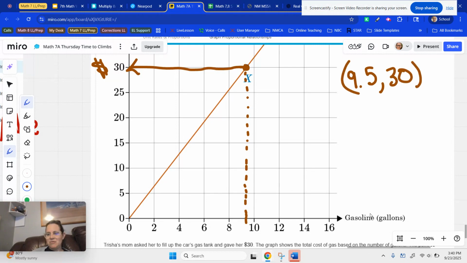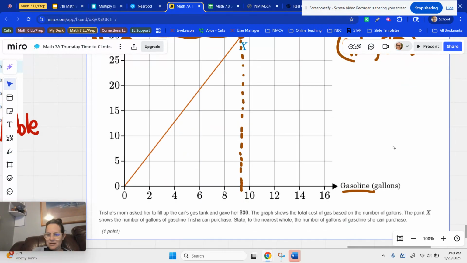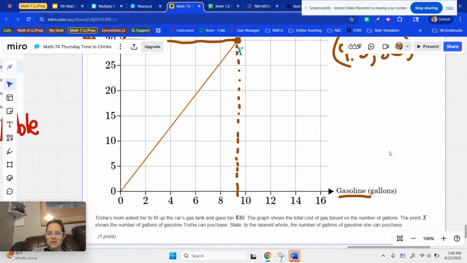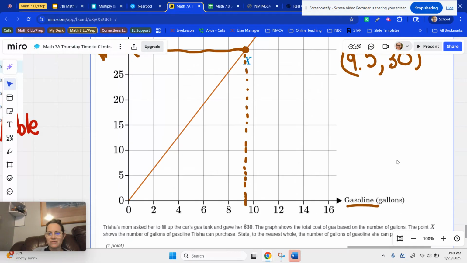Okay, remember the x value is the number of gallons. So it makes sense to not have full gallons. Sometimes you don't get a whole gallon, you get part of a gallon, right? All right. So the question here says we need to state to the nearest whole the number of gallons of gas she can purchase.